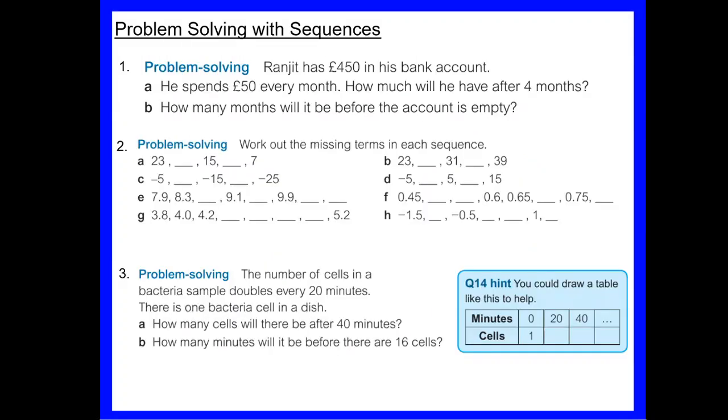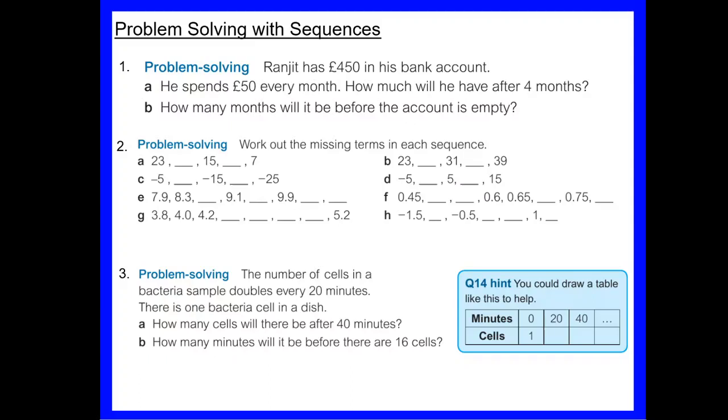Okay, so now it's your turn. So we've got 3 problem-solving questions for you to work with. So question 1 is about spending some money. So think about how you can set this out as a sequence. Problem 2, you've got some of the missing values to fill in.